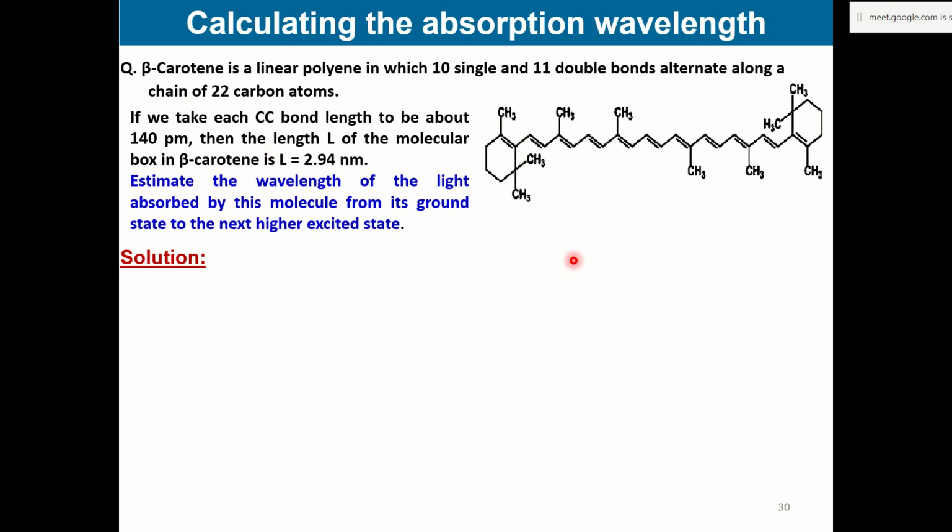You have to find the uppermost occupied orbital. There will be 22 carbon atoms forming 11 bonding and 11 anti-bonding orbitals.